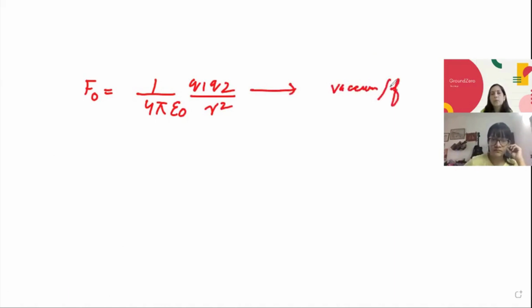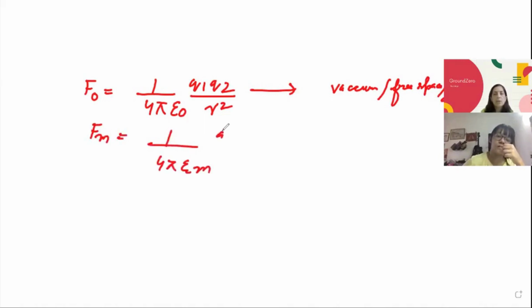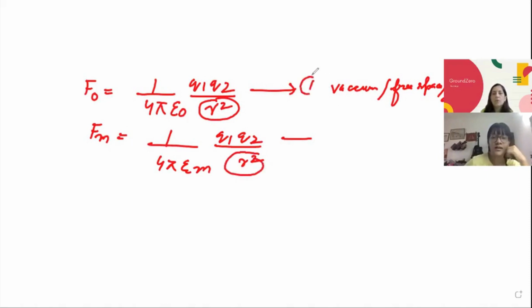Free space, vacuum, or sometimes we also assume air, all as epsilon naught. And if this is Fm, that is in a medium, then it is 1 upon 4 pi epsilon m, Q1 Q2 upon r square. I haven't changed the distance. The distance is the same and the same charges I have kept in a medium. So I've got these two equations.